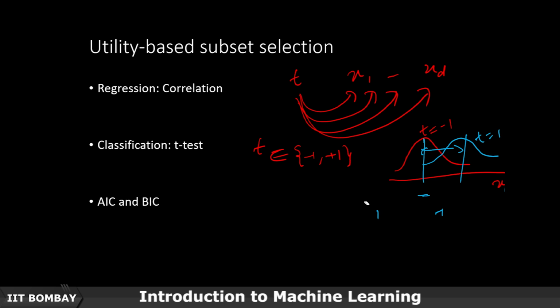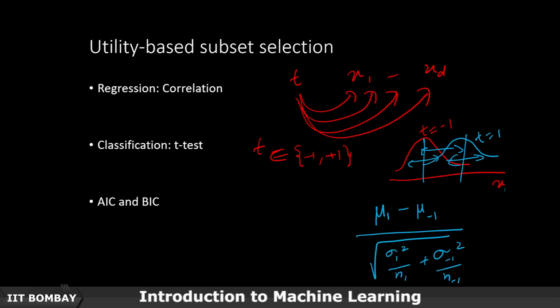So I will take mu1 minus mu -1, and I will divide it by the individual variances of the two. So sigma 1 square by n1, where n1 is the number of samples when t is equal to 1, plus sigma -1 square by n -1. You can look up the exact definition of the t-test in standard reference manuals.